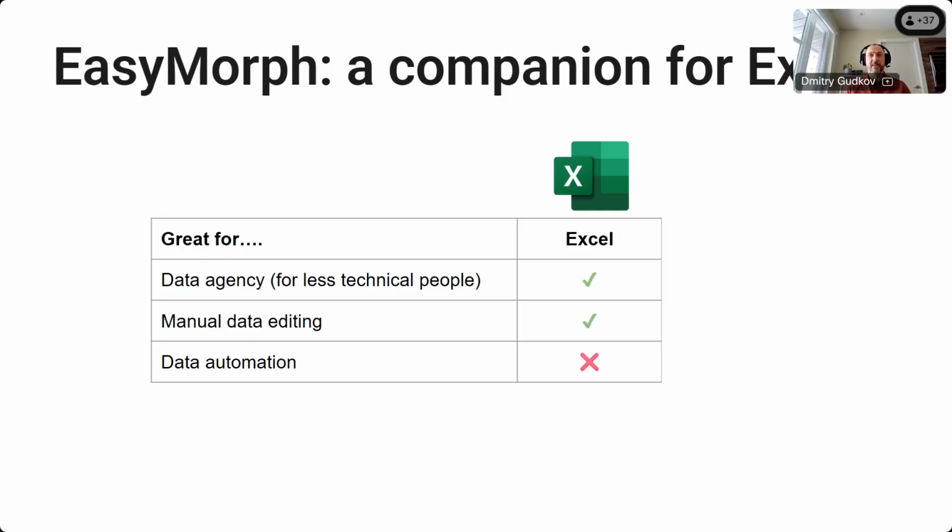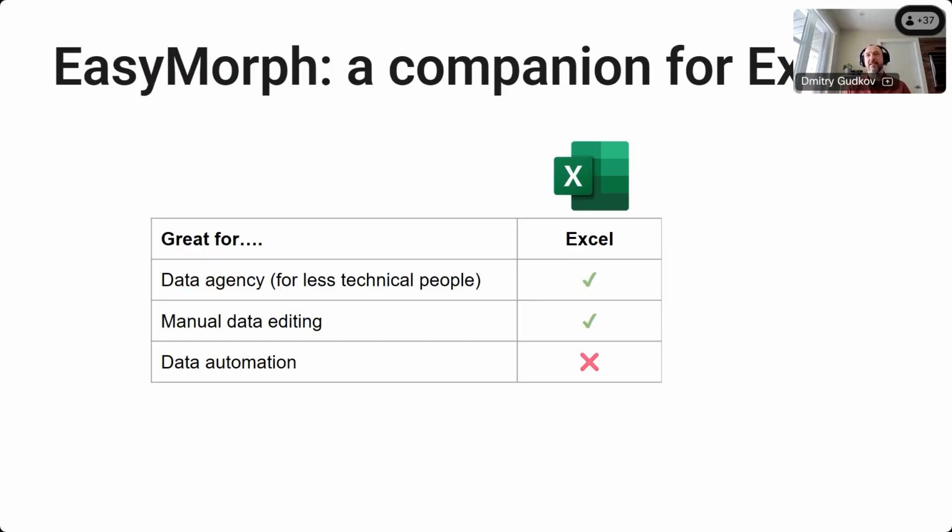And sometimes IT people dismiss Excel and try to replace it with something else, I don't know, like Power BI or some other BI application. But what they frequently don't understand is that Excel gives non-technical people that data agency, and you just cannot take it away from them. So it's extremely important.